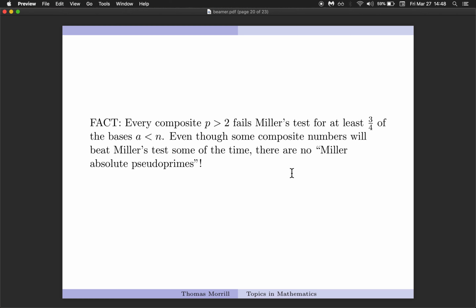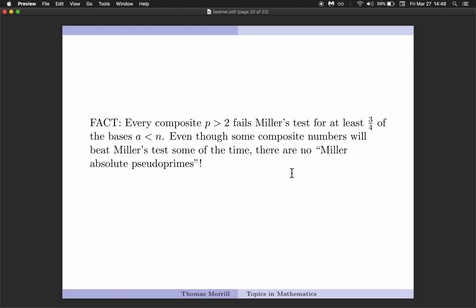So there's a 1 in 4 chance that I picked the wrong a and it looks like p is prime, but it's actually composite. But that also means there's a 3/4 chance I picked a good a and it really is the case that p is prime. So if I go through Miller's test and I pass Miller's test, I have a 3/4 chance, or a 75% chance, that my number p is actually prime like I wanted.